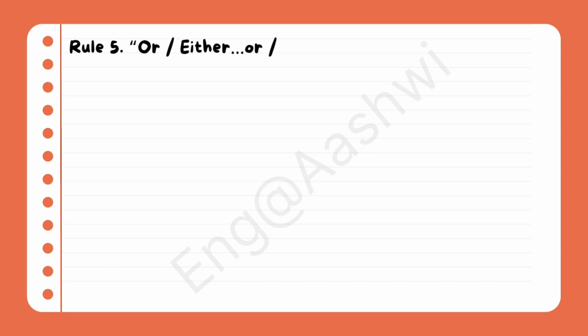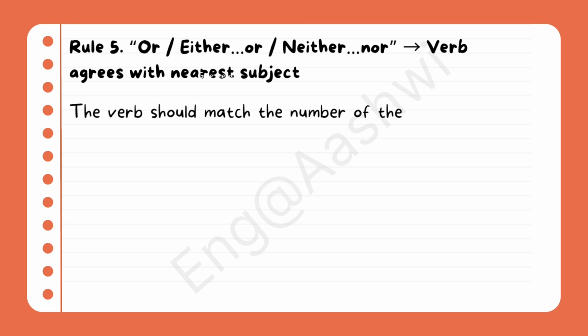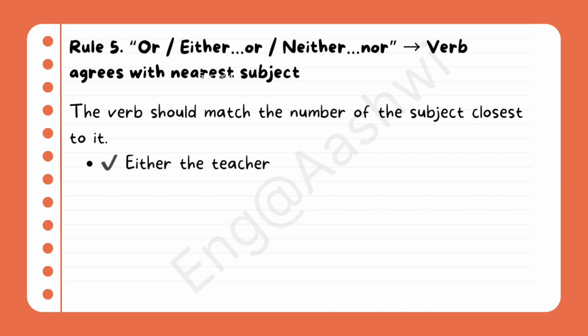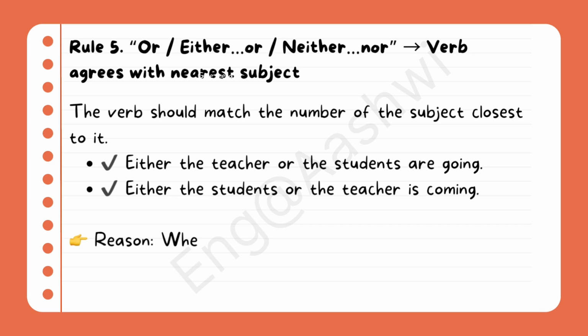Rule number 5. Or, either, nor, neither. Verb must agree with the nearest subject. The verb should match the number of the subject closest to it, meaning the subject which comes after or or nor decides the verb.